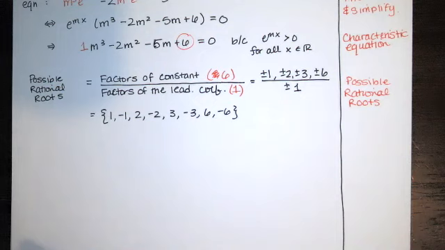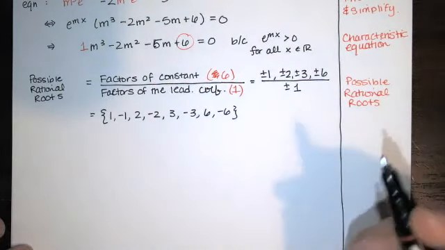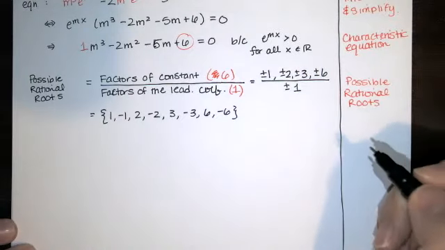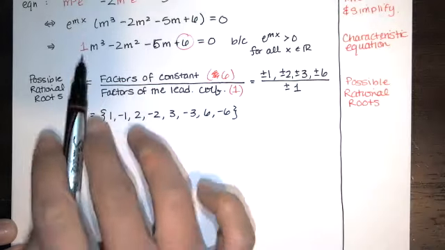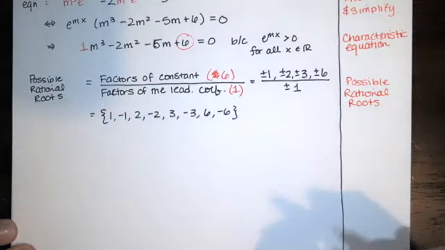Now we're down to 8 possible rational m values that might give you a 0 over here, and choosing from 8 is better than choosing from infinitely many. So I'm going to choose, let's say, m equals 1.